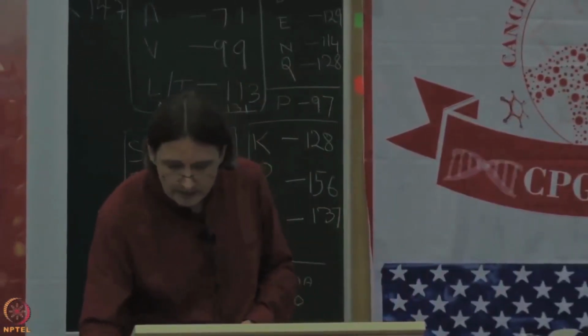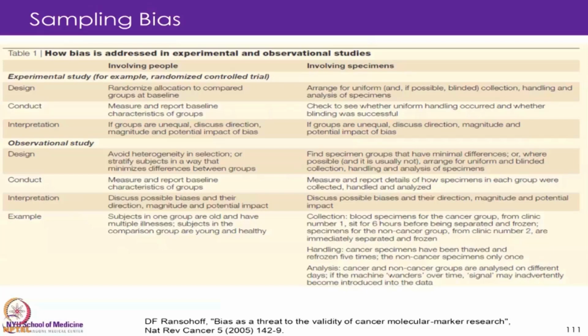And this is something that happens to us a lot in biomarker discovery. You'll have the slides, so it's definitely worth reading. David Ransohoff has written several papers on this problem, and this is just a list of what can go wrong. One should spend quite a lot of time thinking about this.